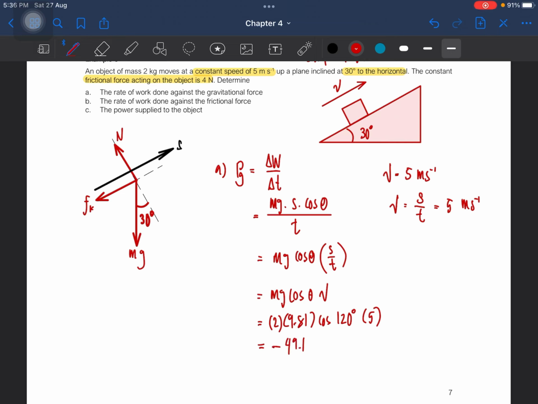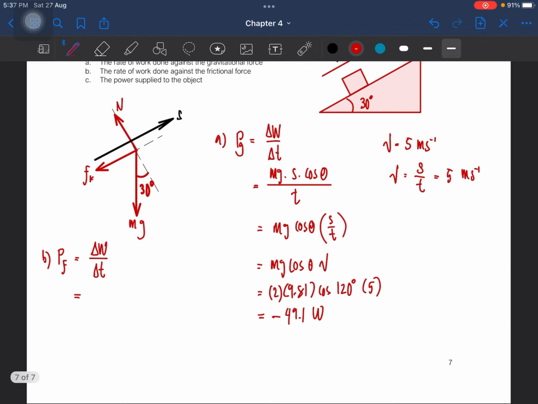Question B, against the frictional force. Power against the frictional force, that is delta W over delta T. We do the same thing, except mg becomes friction. We can just put it here for everything.